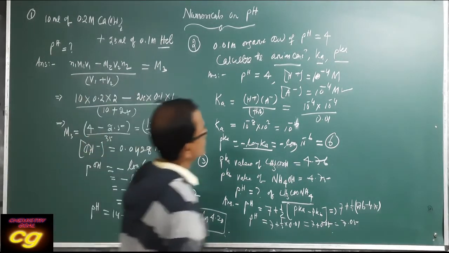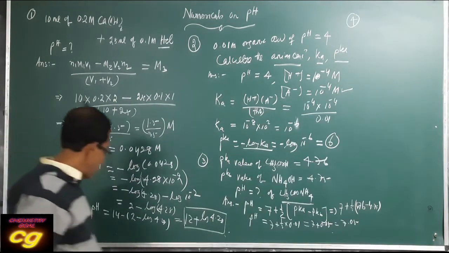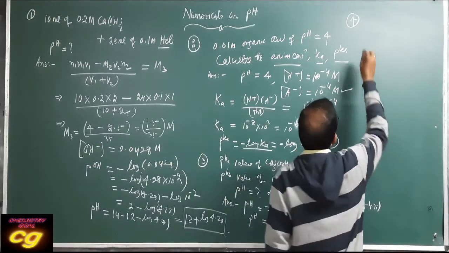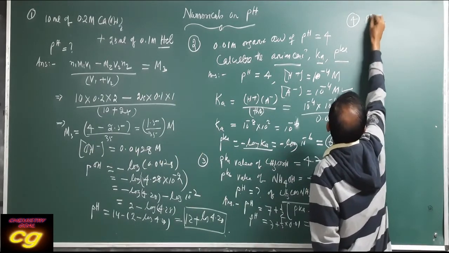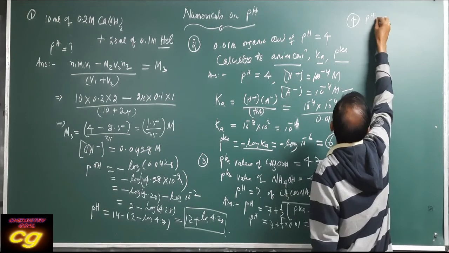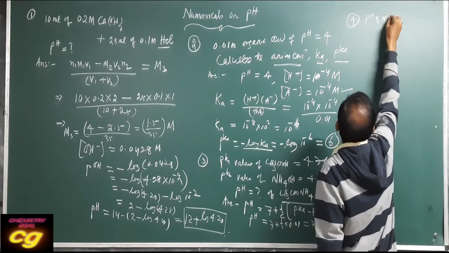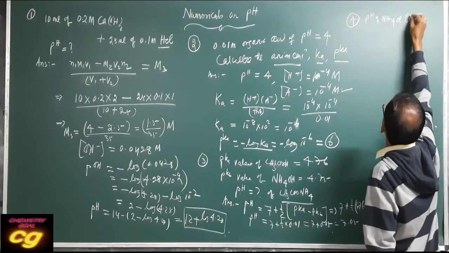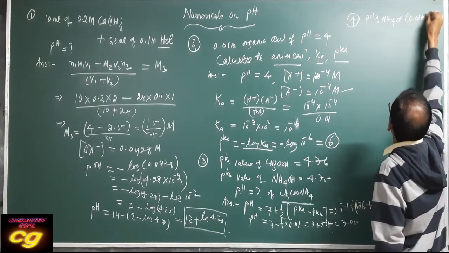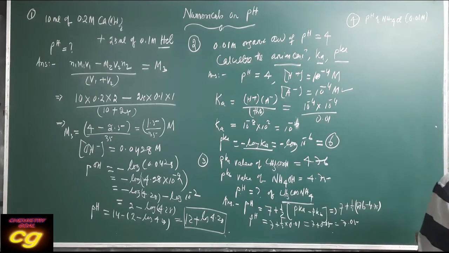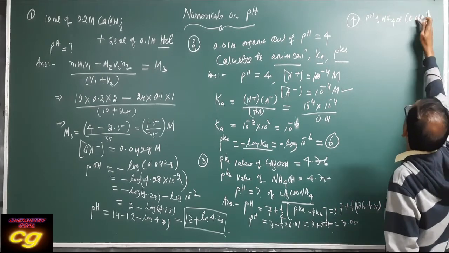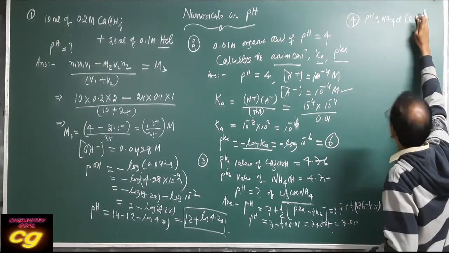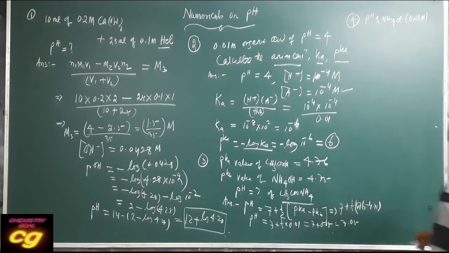Then question number 4: the pH value of ammonium chloride of concentration how much? 0.1 M. The question is 0.1 M ammonium chloride.